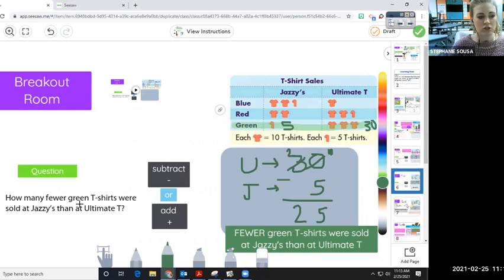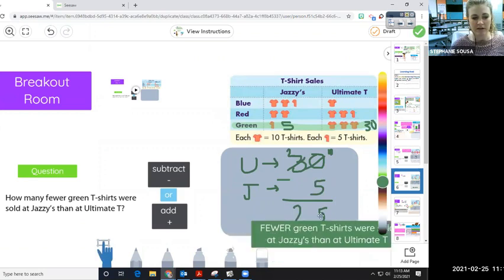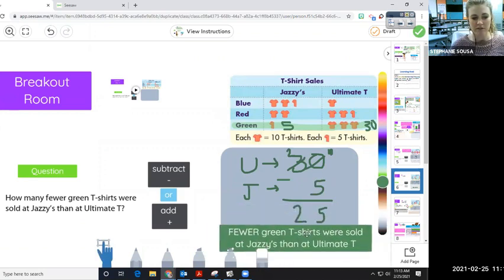My green t-shirts from Jazzy's totaled 5. My green t-shirts from Ultimate Tee totaled 30. 30 subtract 5, Justin, leaves me with 25 t-shirts. 25 of them. Okay? Notice my label down here does not just say 25 t-shirts.